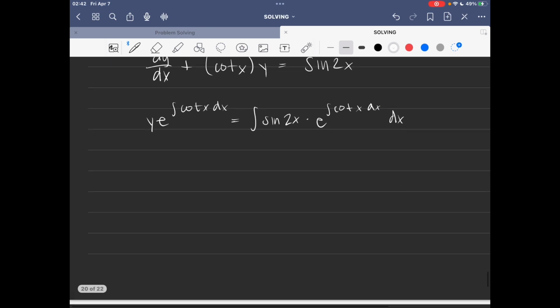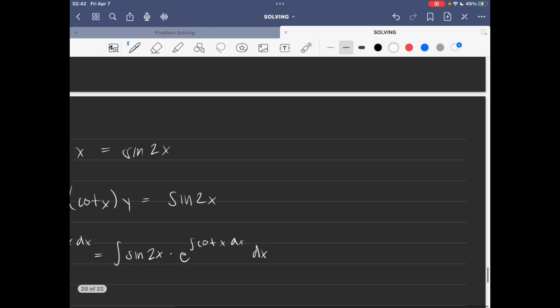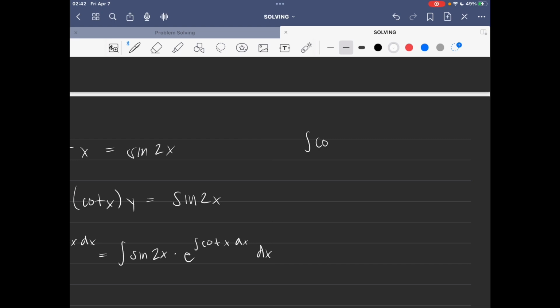So the integral of cot x dx, by trigonometric identity, is cos x over sine x dx. Then we are going to let u is equal to sine x, du is cos x dx, so dx is du over cos x.